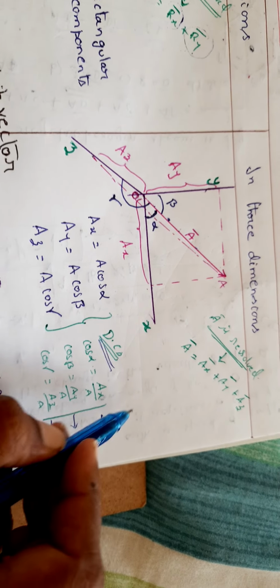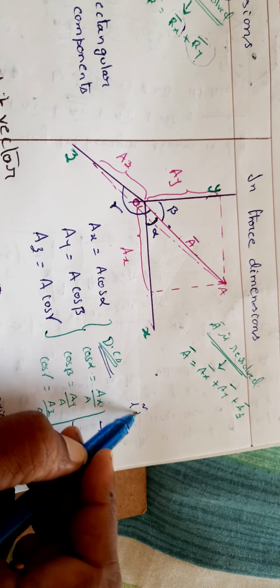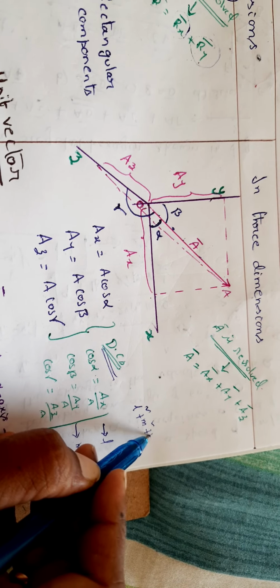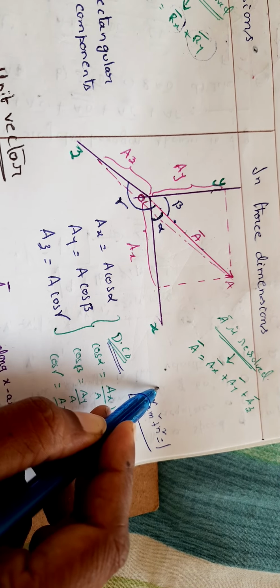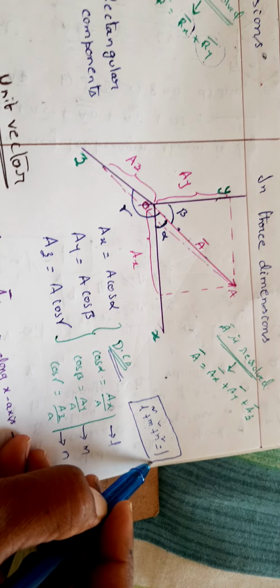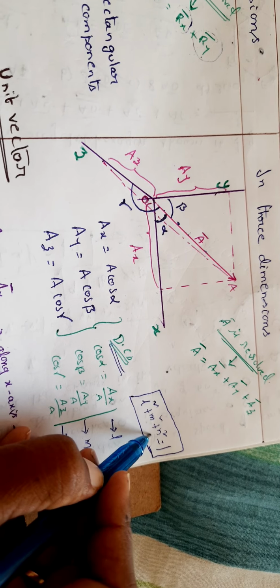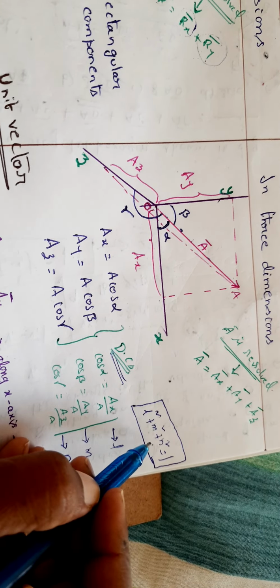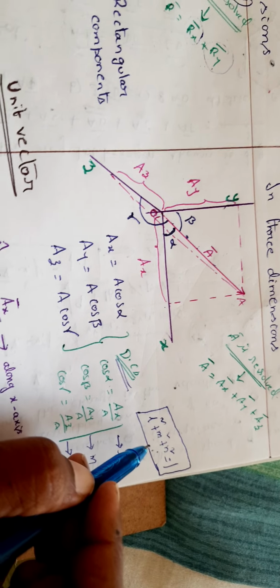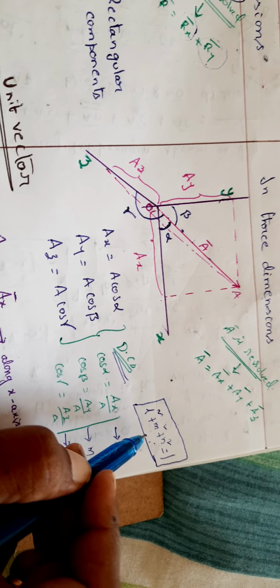And you can write L square plus M square plus N square is equal to 1. This you will be able to derive from the concept of unit vectors. We'll come to that one, as well as the magnitude of the resultant.